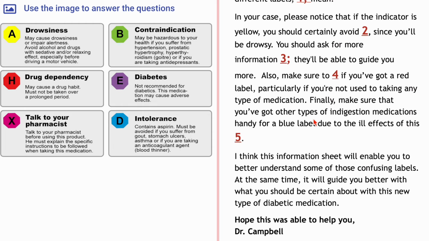Well, I can tell you that it's not A because we just read that it's a new diabetic medication she's taking, so it's not A because not for a long time. It's also not B because she does have information about medication.